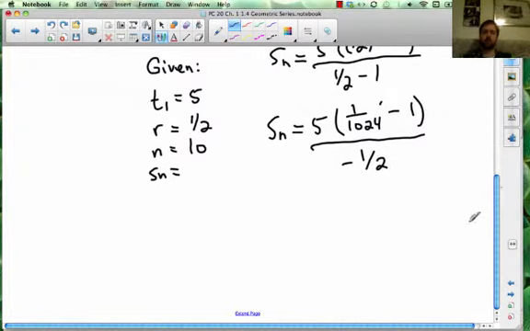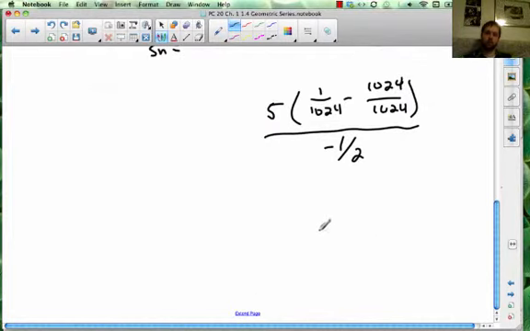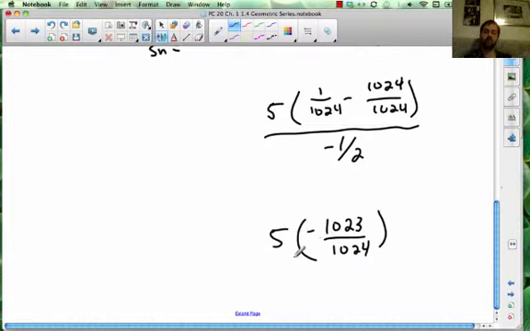So this one gets kind of ugly. 1 over 1024 would be 1 over 1024 minus 1024 over 1024. And this is all going to be over negative 1/2. So 1 minus 1024 is negative 1023 over 1024. Ugly one. We're going to multiply that by 5 and then divide it by negative 1/2, which is the same as multiplying by negative 2.